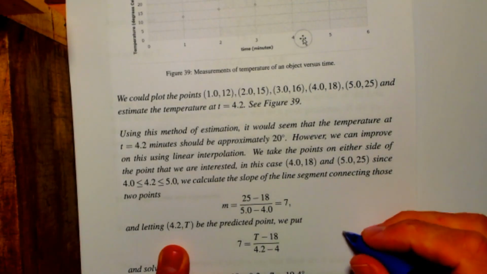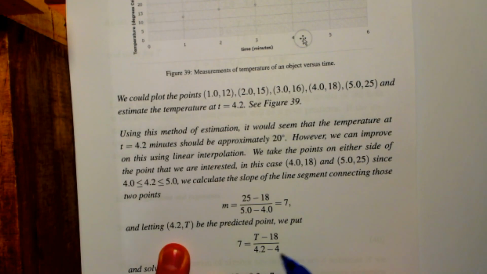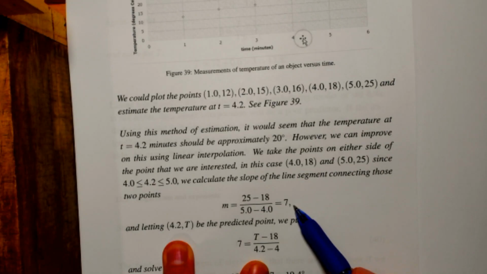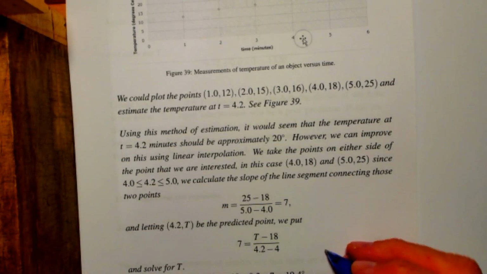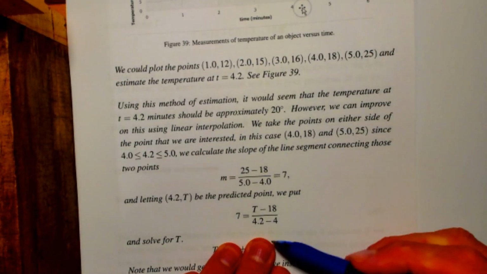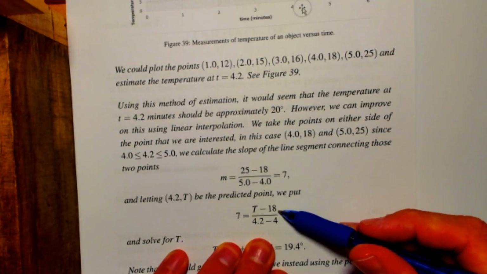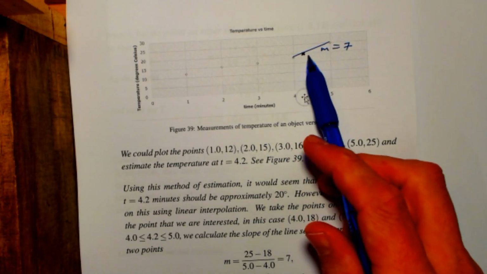Because remember, the slope is y2 minus y1 over x2 minus x1, and since we know that that should be about 7, we can take this and solve this for t. Okay, now notice that we've taken 418, so that's on the left, right? So we keep the order the same.